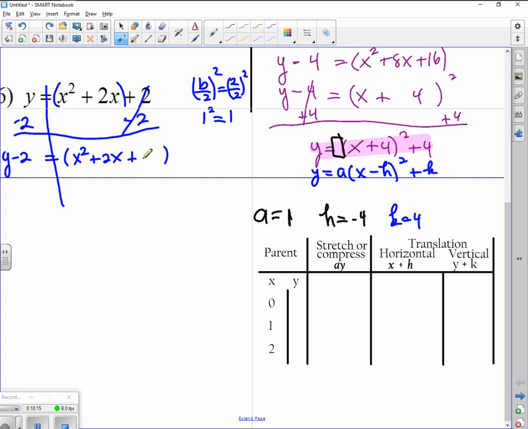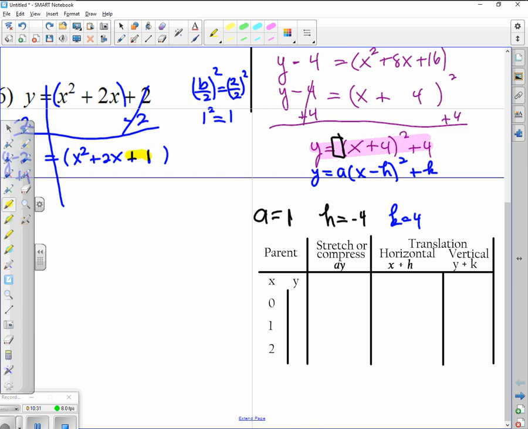So I'm going to put 1 in here. But the rule says, what you do to one side, you must do to the other side. So here I have to add 2 again. Basically, since I added 2 to the right, I have to do the same thing to the left. Since I added 1 over here, I need to add 1 over here.